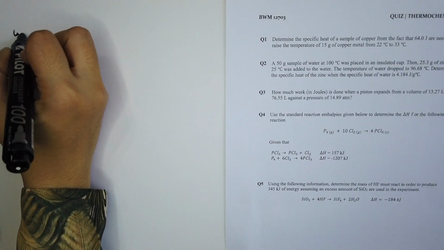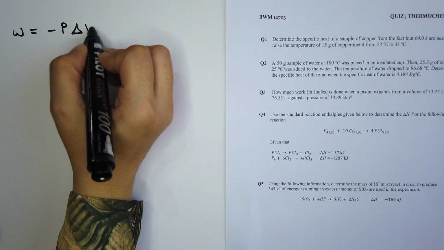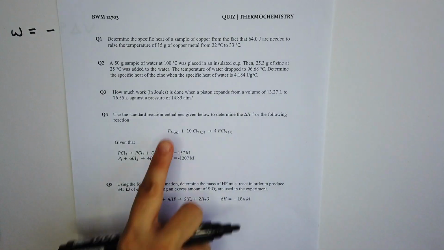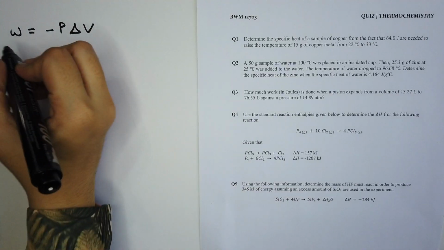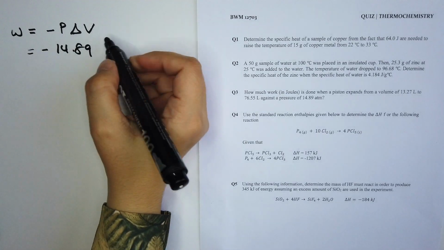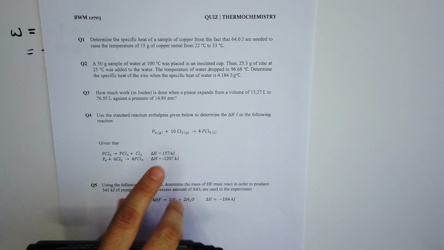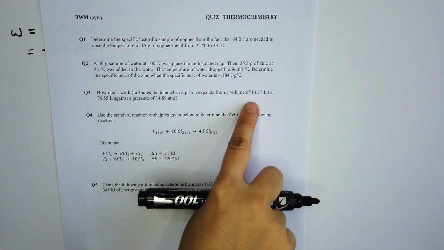W equals negative P delta V. The pressure given here is 14.89 atm, so negative 14.89 atm times the change of volume. Always take the final volume minus the initial volume.